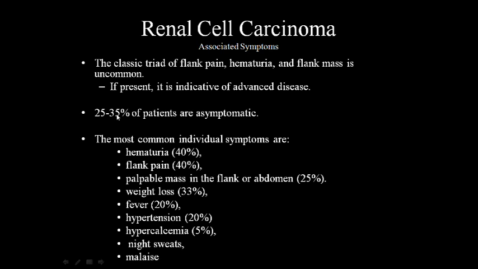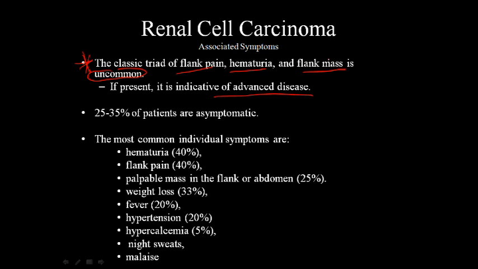The associated symptoms: there is a classic triad for renal cell carcinoma of flank pain, hematuria, and flank mass. But usually this is uncommon. If present, it's indicative of advanced disease.